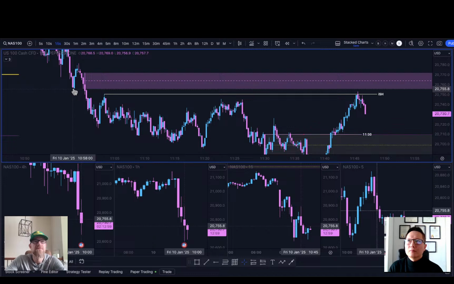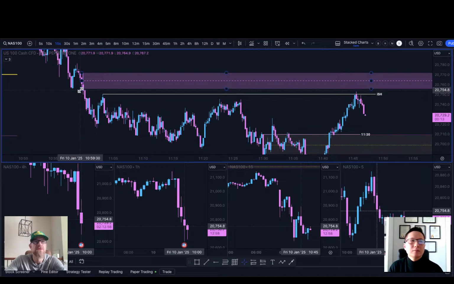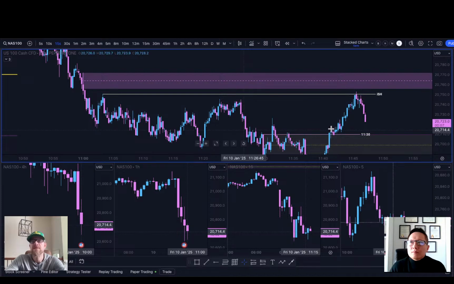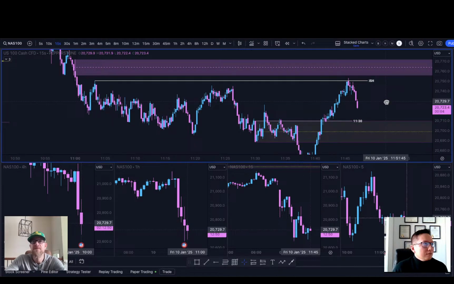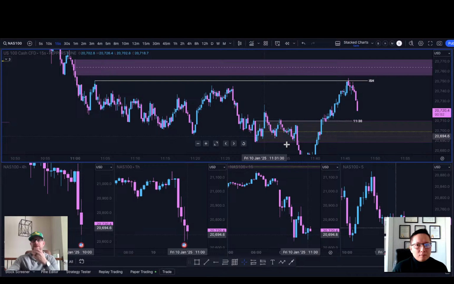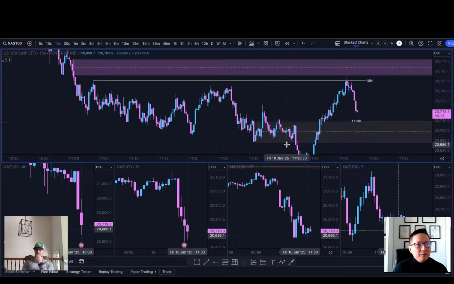We made equal lows, came up, swept inducement into the flip, broke. This is supply. It didn't make it there. I guess it was enough to just sweep it. It just entered the 15-minute fair value gap, build it up. Yeah, and seems typical. Now it's just a matter of whether or not this breaker plus fair value gap holds up. Yeah, will this hold or not?